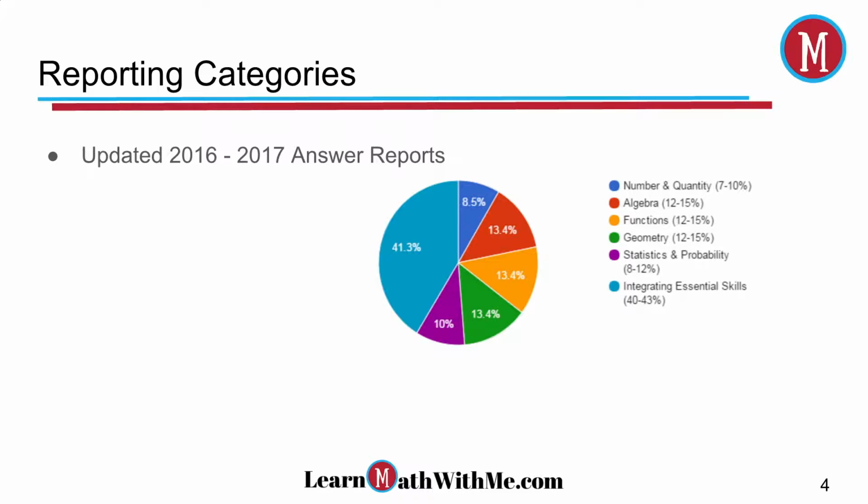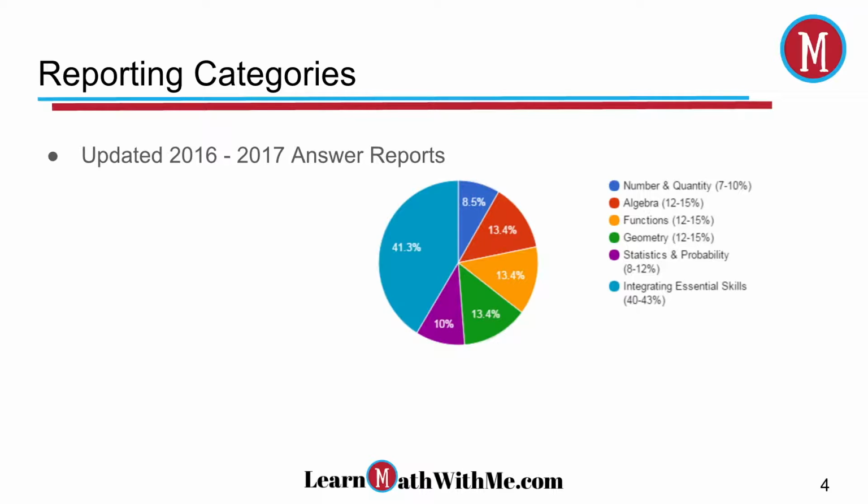And as you can see from this chart here, they have divided the question content up just a little bit. All the questions still contain the material like we talked about in the previous slide, the algebra, the geometry, the trig, but in terms of how they report and categorize the questions, that has changed somewhat.